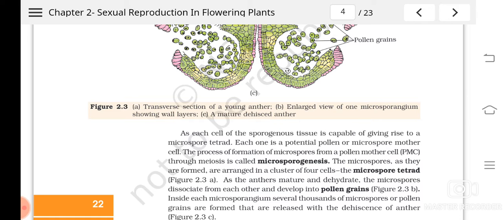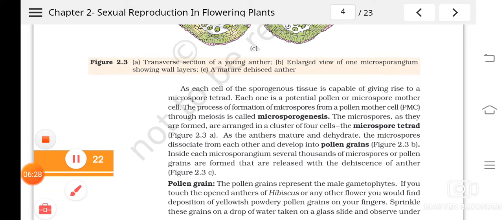Understood? So when these cells undergo meiosis and produce 4 cells, they will be arranged in the form of a tetrad. So microspore mother cells undergo meiosis and produce what? The microspores or pollen grain tetrads.